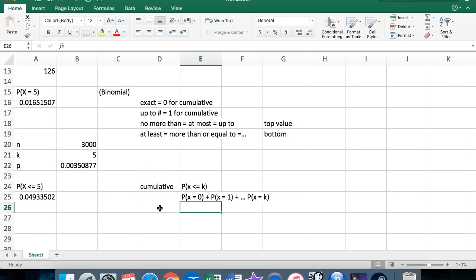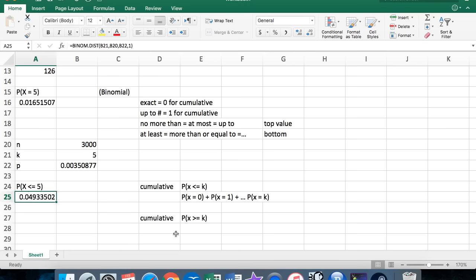Now be careful. If you're trying to do cumulative, this is the part that gets a lot of people. This is tough. If you're doing cumulative with probability that x is at least something, you cannot just use the binom dist, because this is different. With binom dist, the value you put in for your k is the top value.